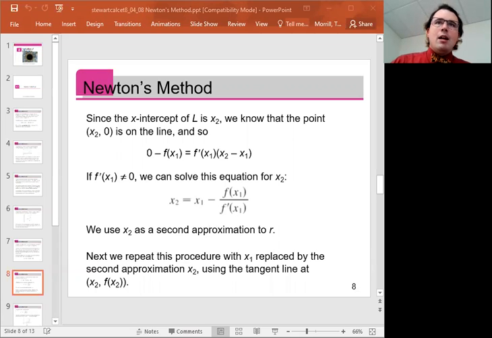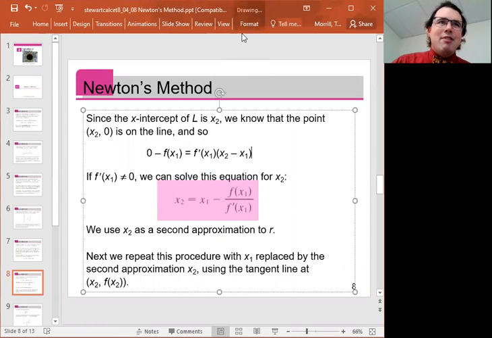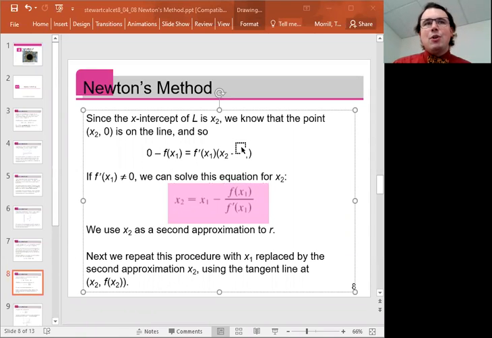Okay, so as long as my function is amenable, and what do I mean by that? As long as my function does not have a derivative of 0 here, then I can use this new formula to improve my guess. So what am I going to do?